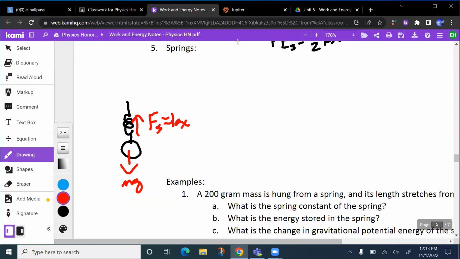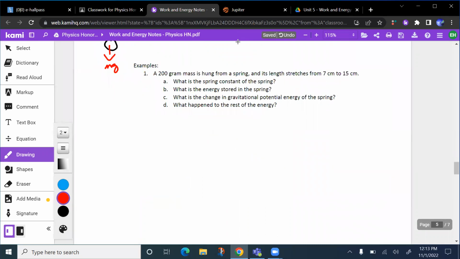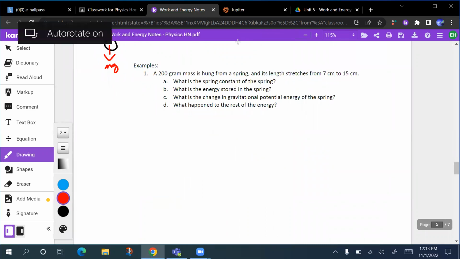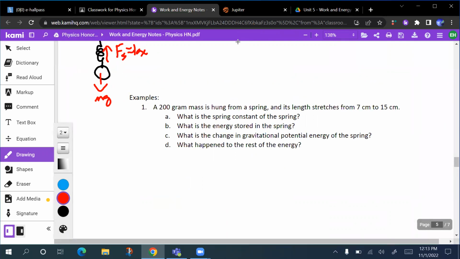And so for part A, we're going to be using Newton's first law, because we can see we have two forces that are in equilibrium with each other. The spring force is suspending the weight. So force up equals force down, or kx going up equals mg going down. And you're solving for k.